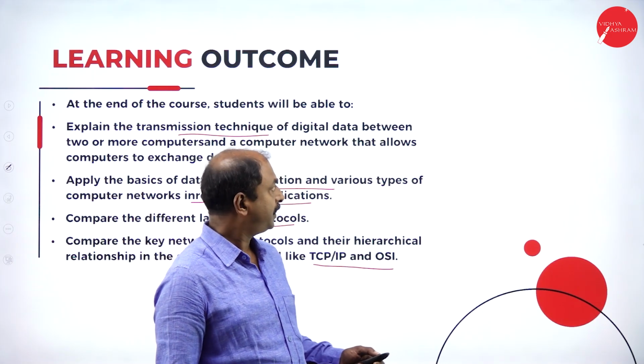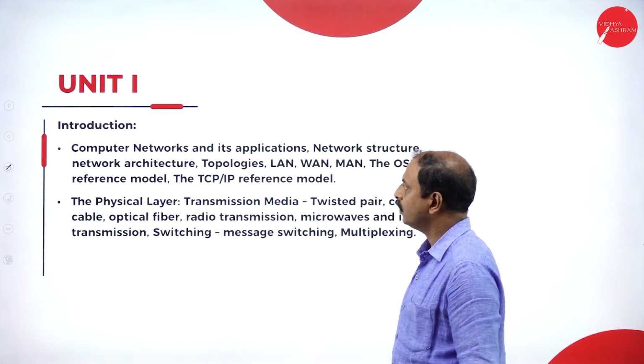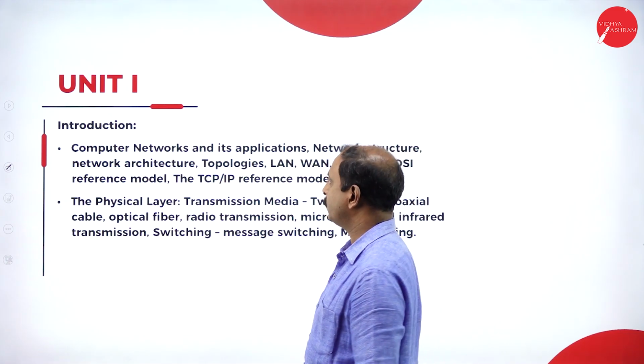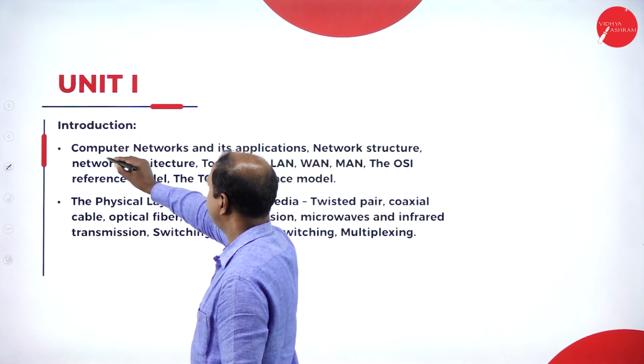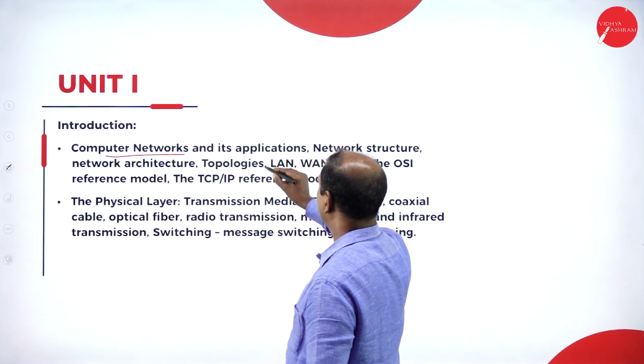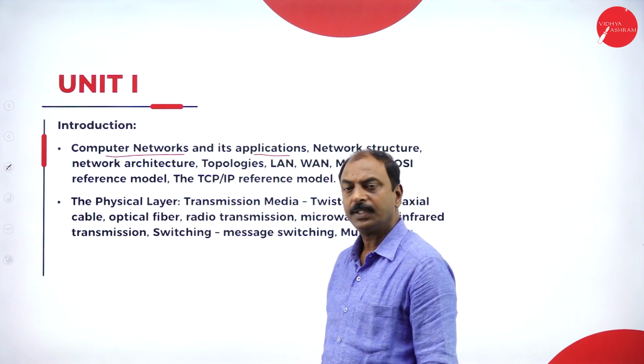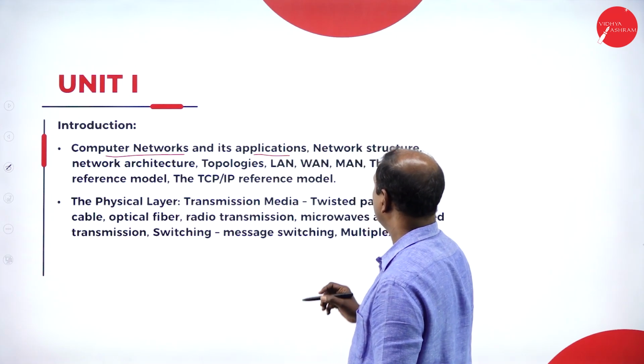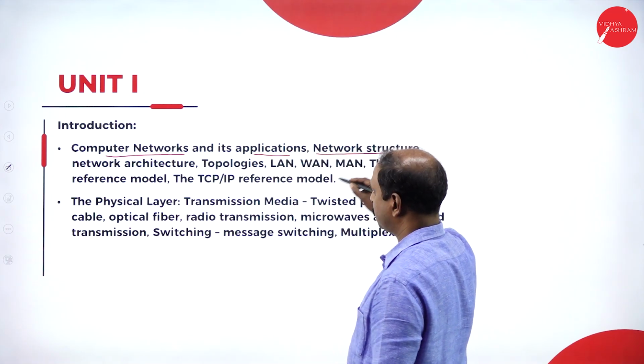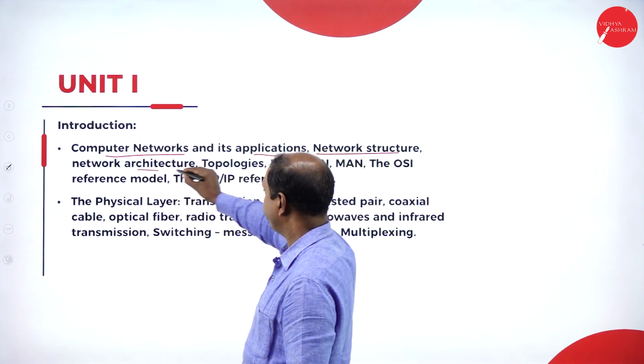So let us start with unit 1. In unit 1, we are going to learn the basic introduction to computer networks and applications. We are going to learn the definition of computer network, what its applications are, and what network structure and architecture are.